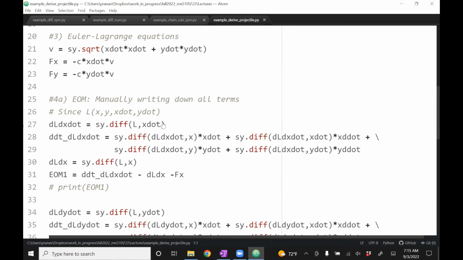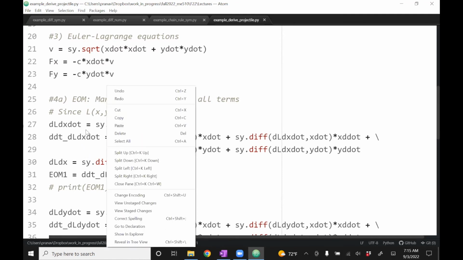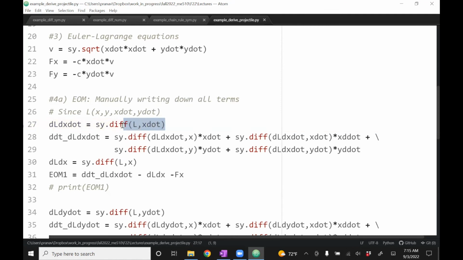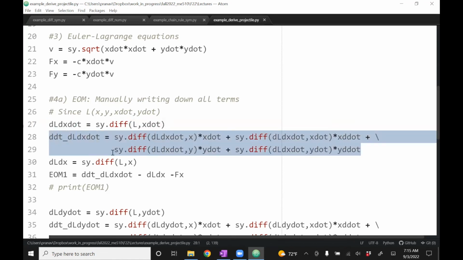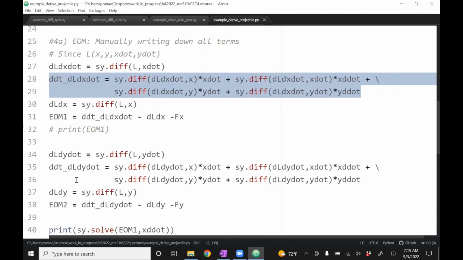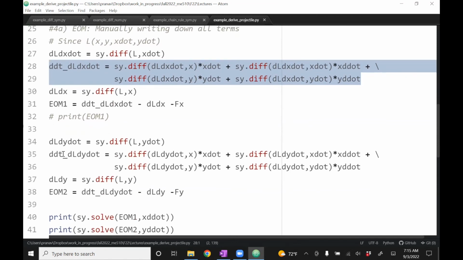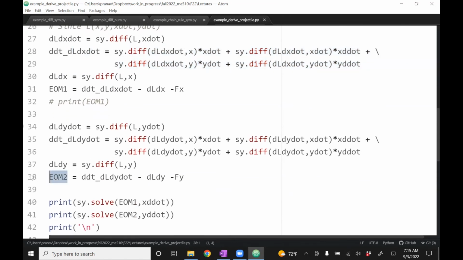For that, I computed individual quantities: the derivative of L with respect to ẋ. For the derivative of this term with respect to time, I need to use the chain rule, and this is the chain rule. And then I find dL/dx. That will give me the first equation. Next, I do the same thing with y, and I get the second equation.